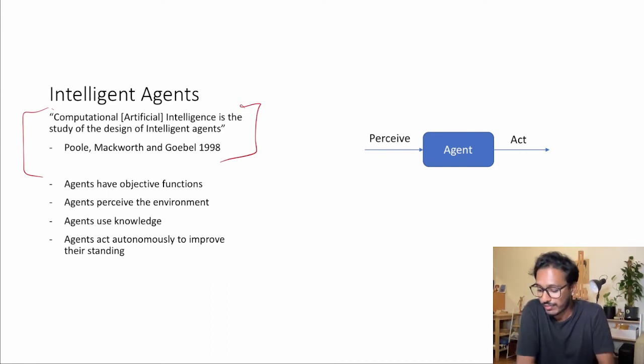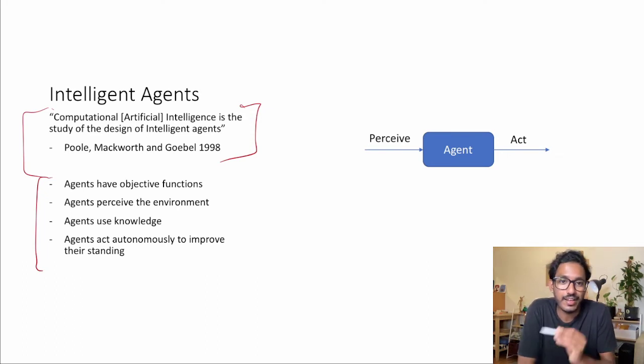So we mentioned a couple of other points here. Agents have objective functions. An objective function is where an agent has an objective to achieve, and it can measure the achievement of that particular objective as a function.